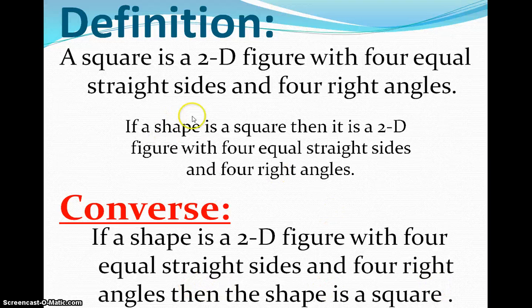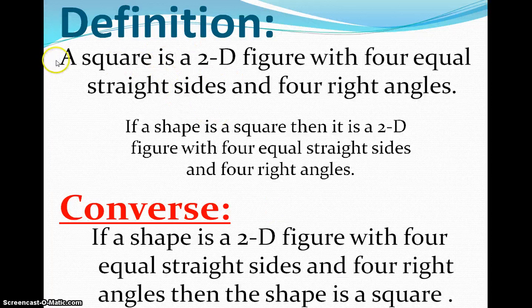So as you can see, I've taken the hypothesis, if a shape is a square, and moved it down to my conclusion, then the shape is a square. Is this converse true? If a shape is a two-dimensional figure with four equal straight sides and four right angles, then the shape is a square? Well, it is actually. And so what we can conclude from this is basically all definitions.